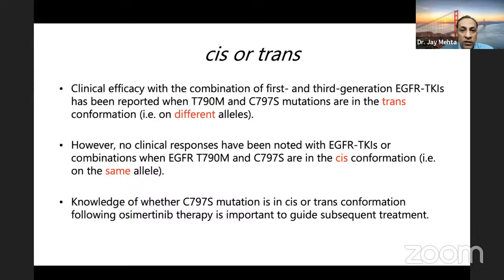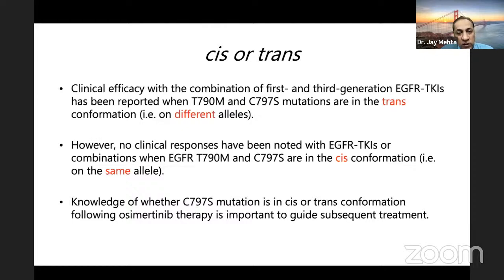Clinical efficacy with a combination of first and third generation EGFR TKIs has been reported when the T790M and its resistance mutation C797S are in trans conformation, which means they are on different alleles. If they are on the same allele, it's called a cis conformation, in which case the efficacy is significantly lesser.